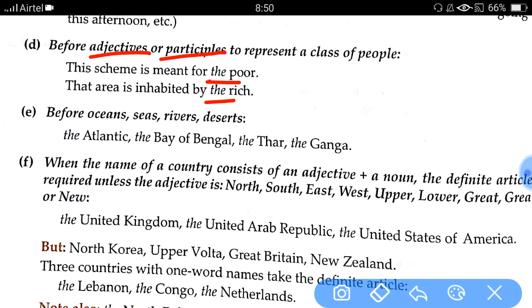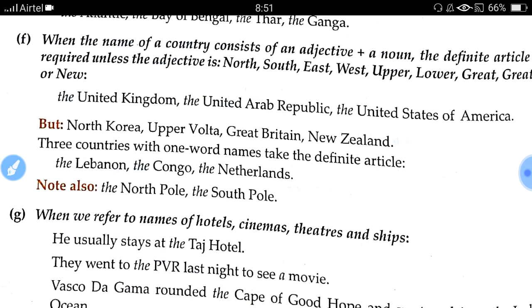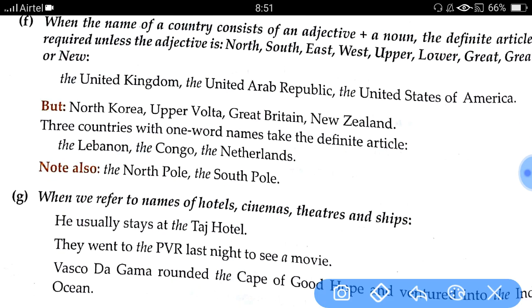Next one, before oceans, seas, rivers: the Atlantic, the Bay of Bengal, etc. The next one, when the name of a country consists of an adjective plus a noun, the definite article is required. For example, the United Kingdom, the United Arab Republic, etc. But for simple named countries it is not needed.